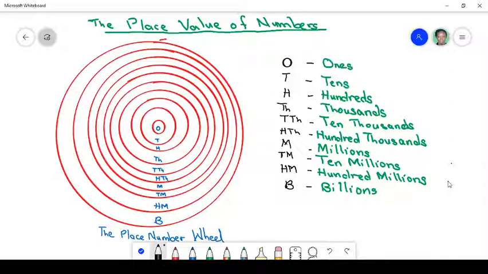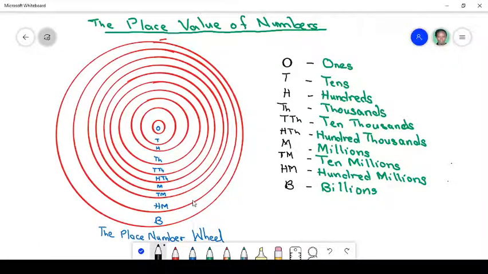We deal with very large numbers, and in learning how to call out those numbers, knowing the place value of the numbers is very, very important. So we are looking at using the place number wheel to learn the place of a number and the place value of a number as well.